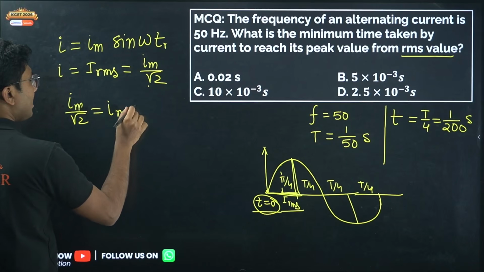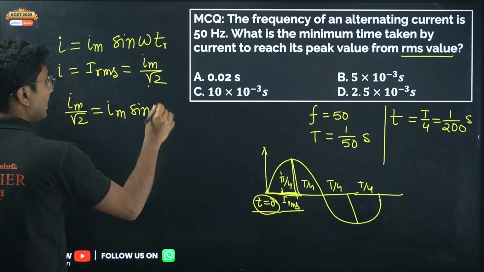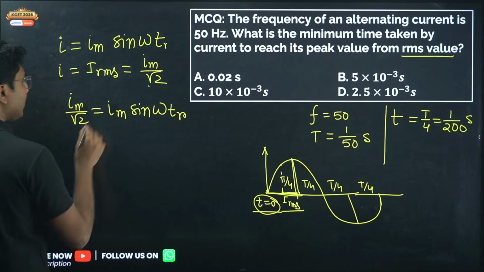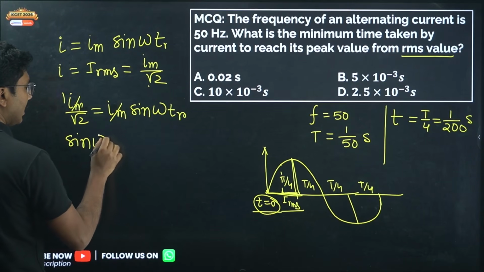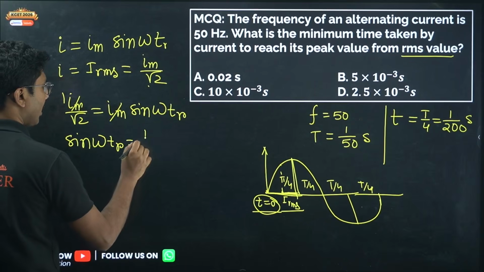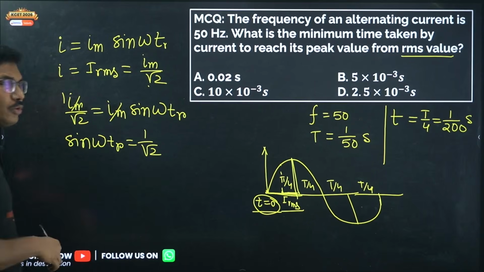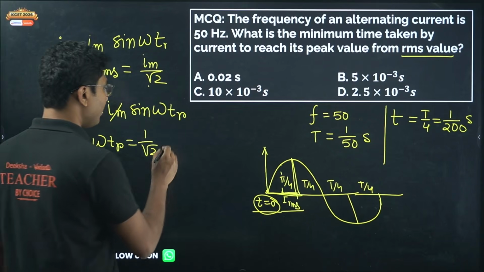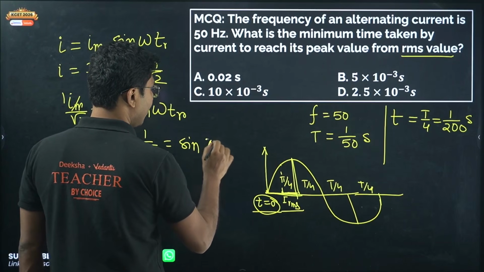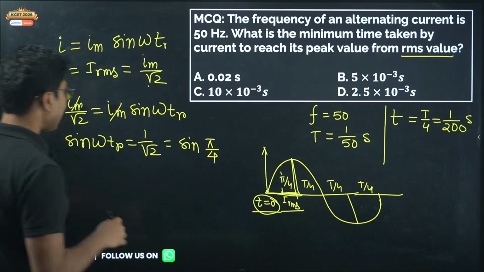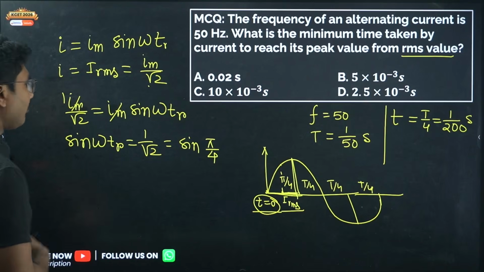So Im by √2 must satisfy the equation Im sin omega tr. Im cancels, and we get sin omega tr equals 1/√2. What is 1/√2? It is sin pi/4, that is 45 degrees.